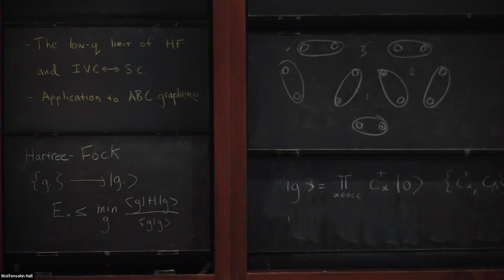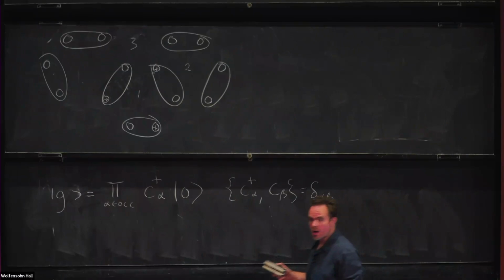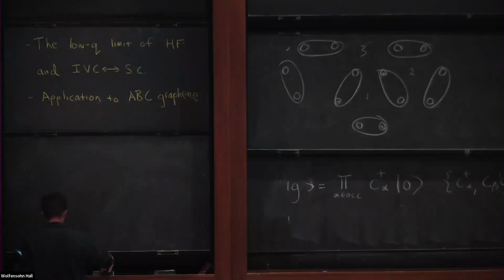Okay, so let me spell out a little more what I mean by this problem of optimizing over single particle orbitals. Let's say my original Hamiltonian, H, takes the very general form.